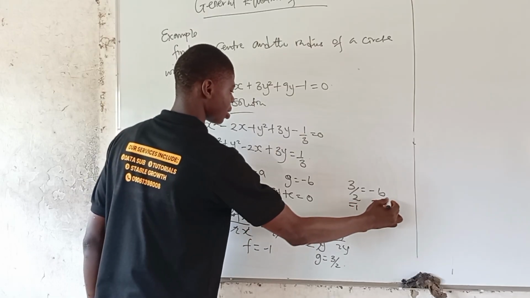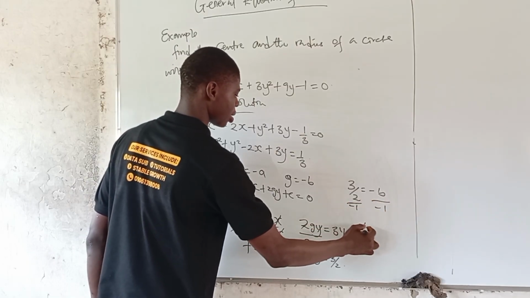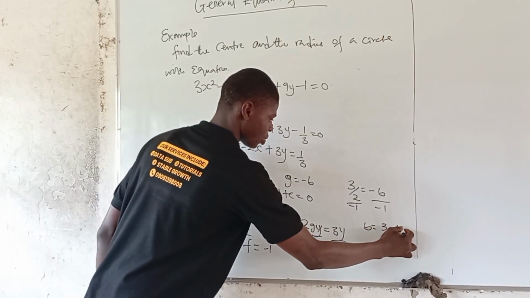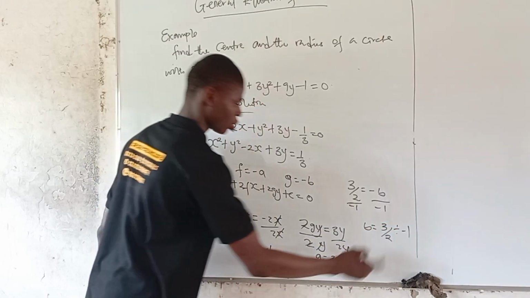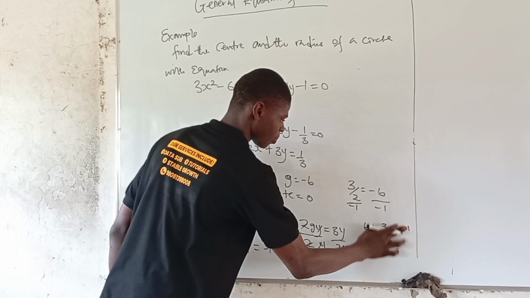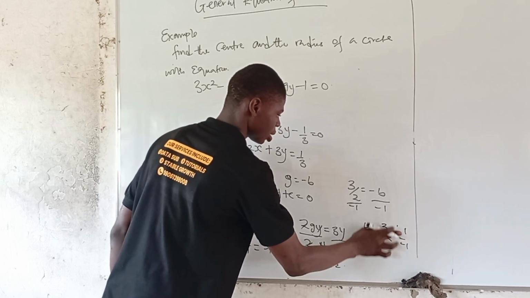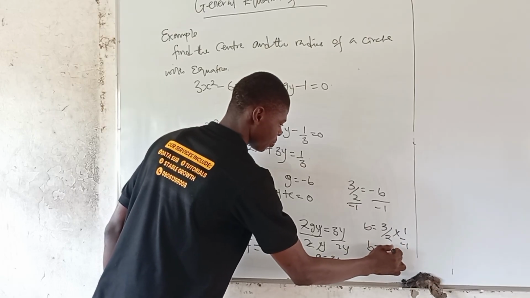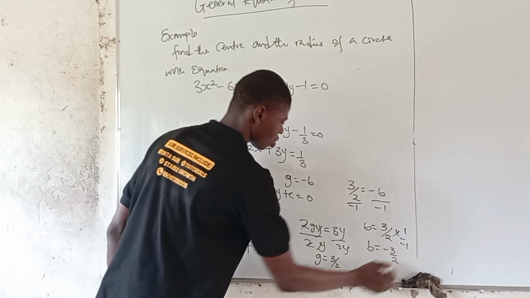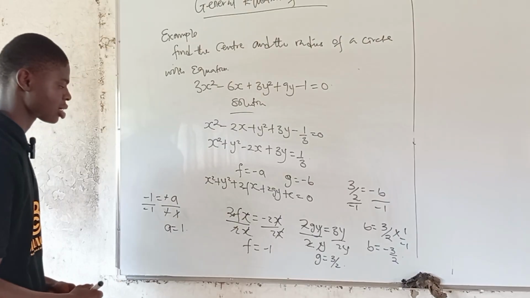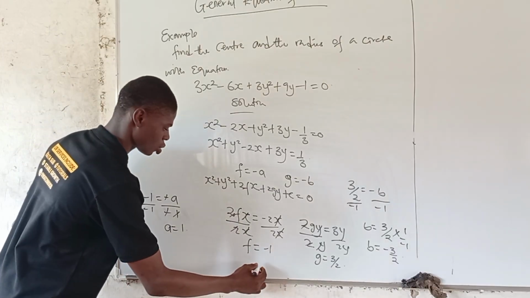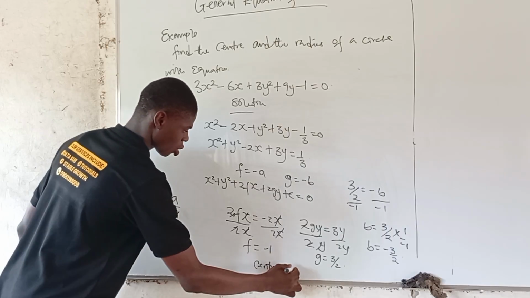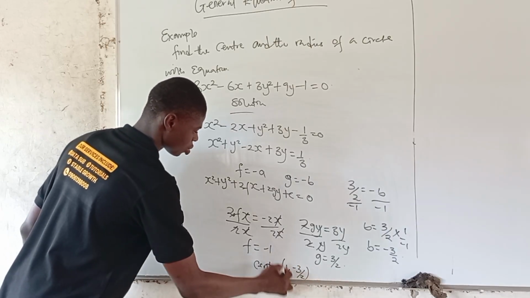So if you divide by negative 1, let's do this carefully: b is 3 over 2 divided by minus 1, which gives you b to be negative 3 over 2. So therefore, we've gotten our center of the circle to simply be 1 comma minus 3 over 2.